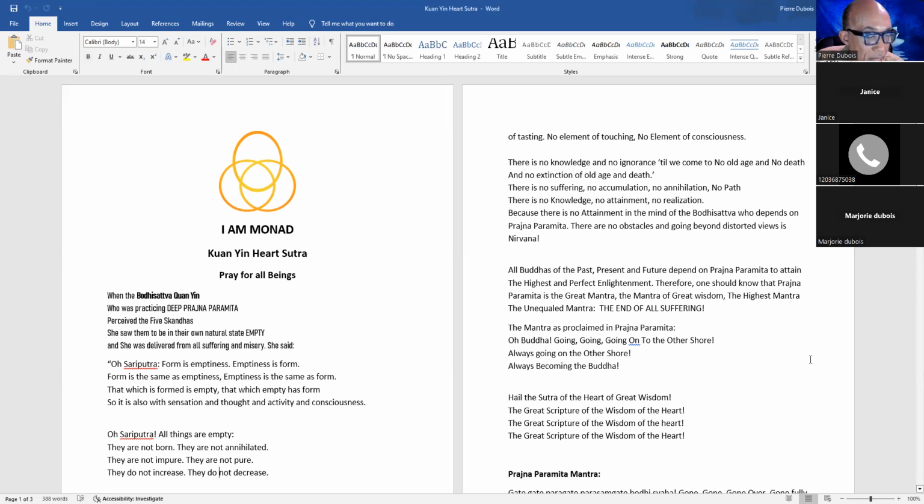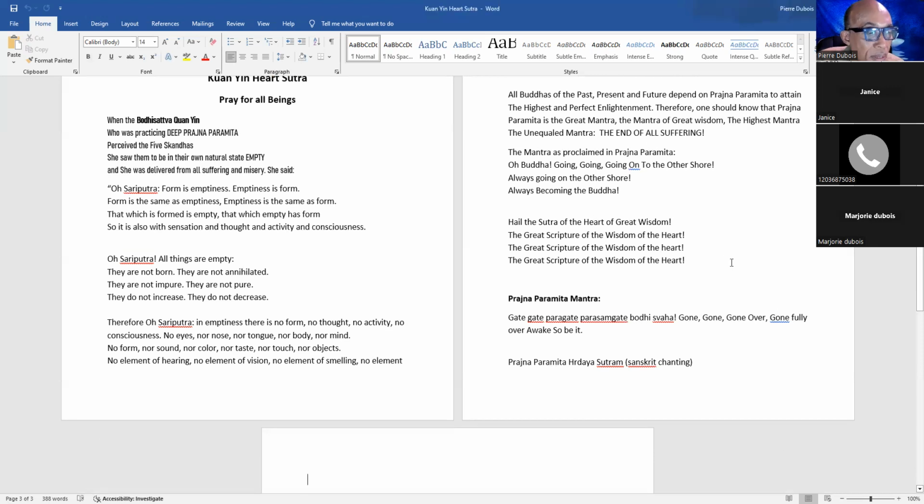O Sariputra, all things are empty. They are not born, they are not annihilated, they are not impure, they are not pure. They do not increase, they do not decrease. Therefore, O Sariputra, in emptiness, there is no form, no thoughts, no activity, no consciousness, no eyes, no nose, no tongue, no body, no mind, no form, no sound, no color, no taste, no touch, no object.